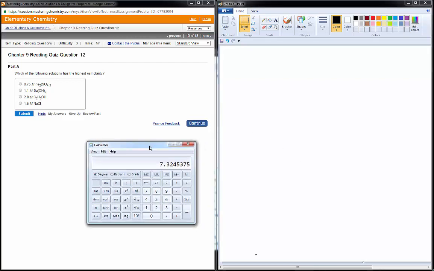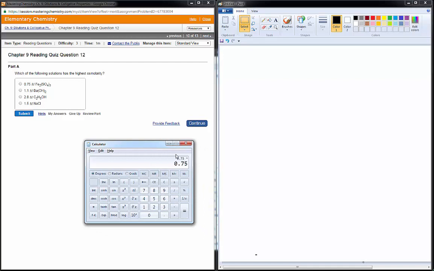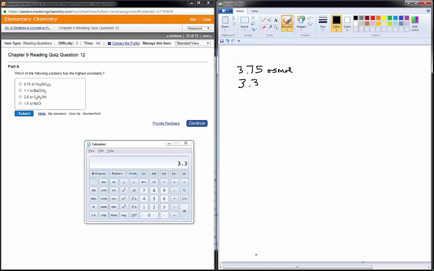So if we parse this out, 0.75 molar, multiply that by 5 ions, what I really have is a 3.75 osmol solution for the first one. For the next one, I have 3 ions, so 1.1 times 3, that's going to be a 3.3 osmol solution.